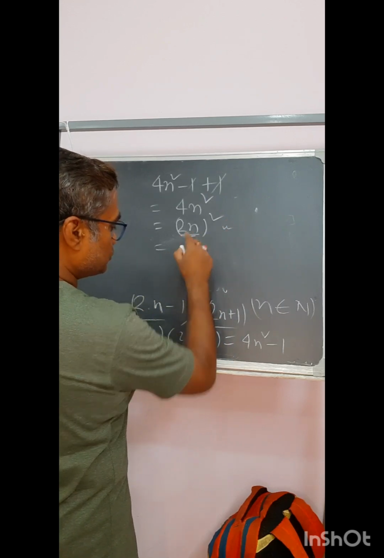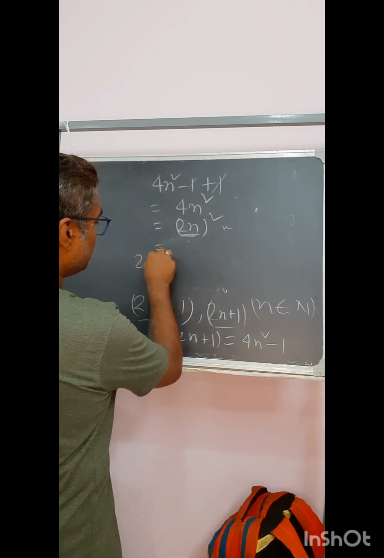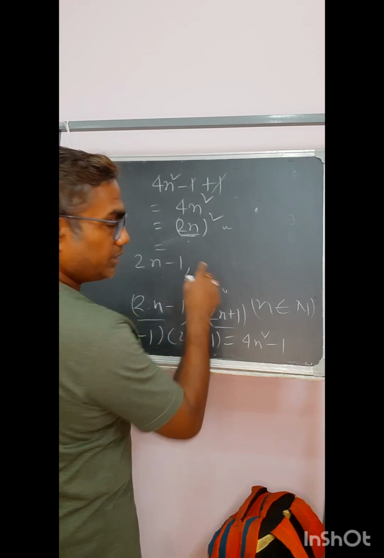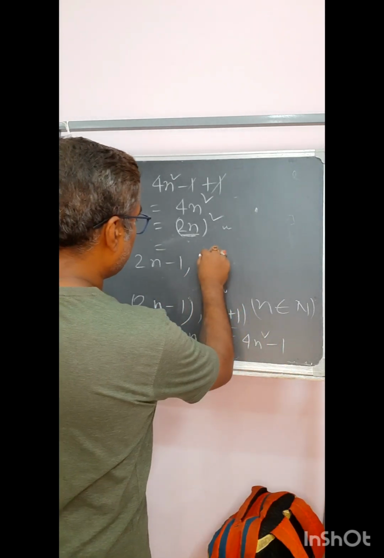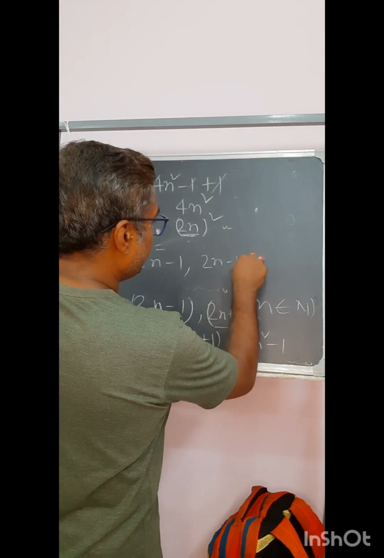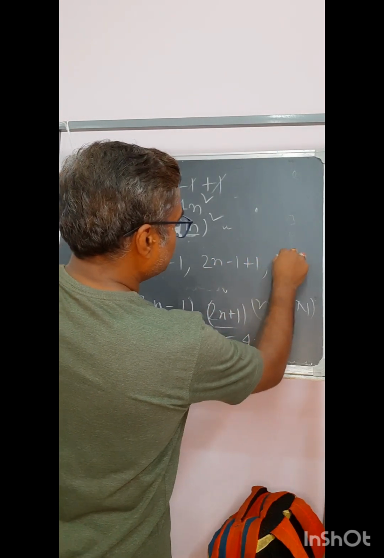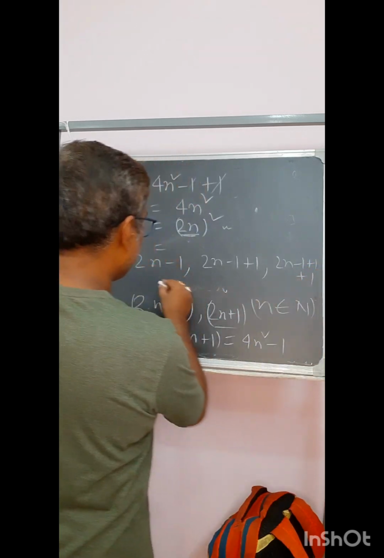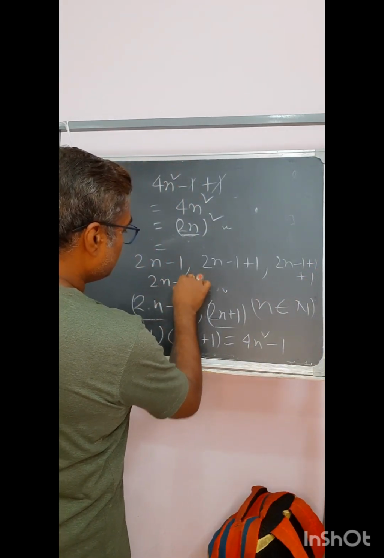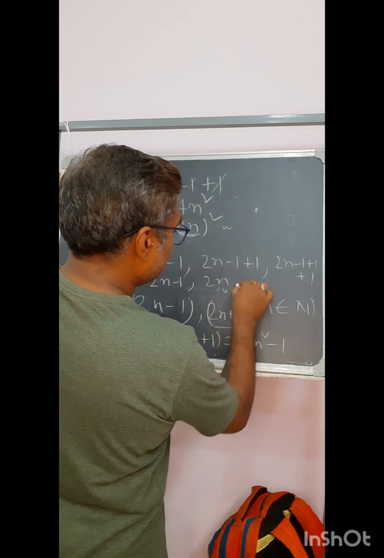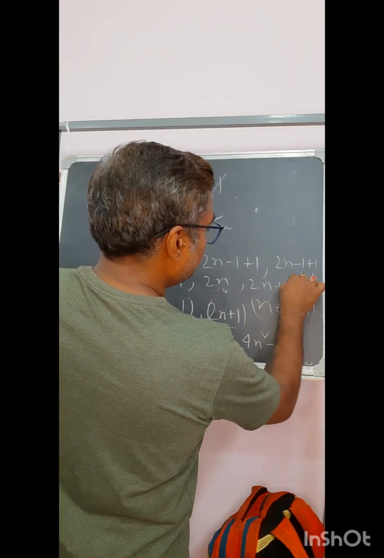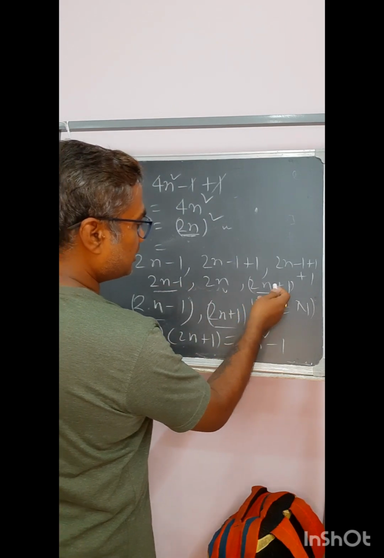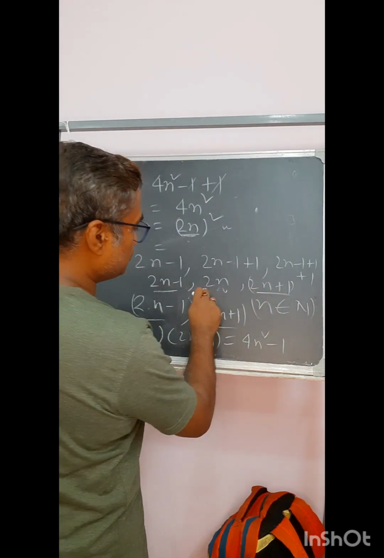Now where does that 2n lie? Because the number after 2n minus 1 differs by 1, I will get the next number by adding 1, and next to that I will add a further 1. So I will get 2n here and 2n plus 1. You can see that the odd numbers are the extreme numbers to this number.